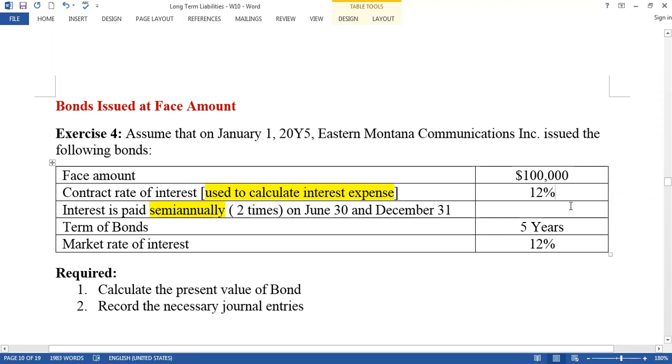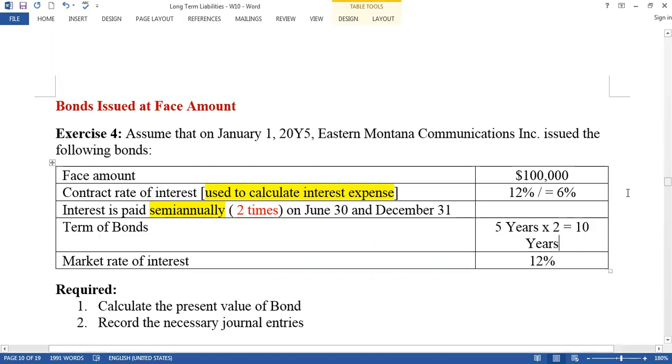As it is twice a year, we have to divide it by 2 and it becomes 6%. This is the important term. And the term of the bond is 5 years, so times 2 equals 10 periods.